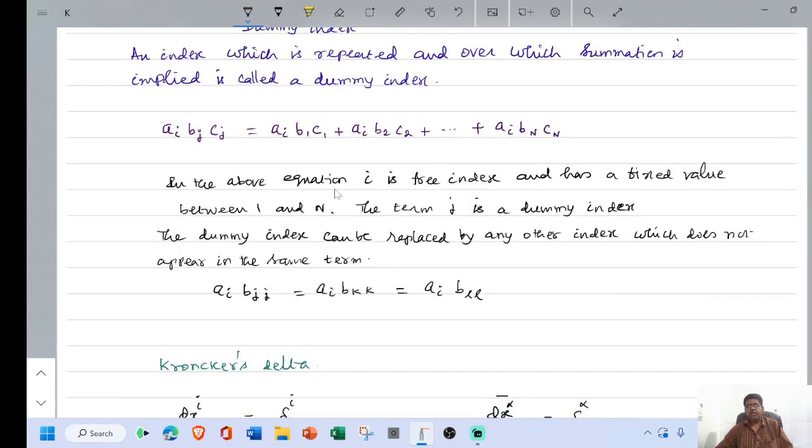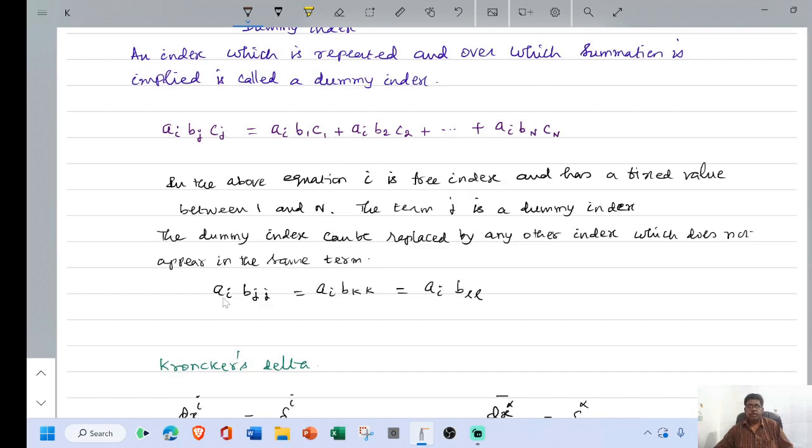In the above equation, i is the free index and has a fixed value between 1 and n. The term j is a dummy index. The dummy index can be replaced by any other index which does not appear in the same term.